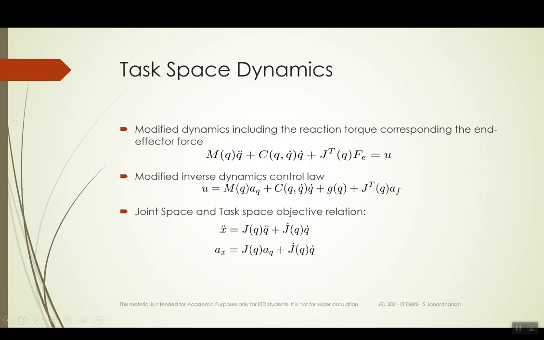We can also use the relationship between the joint space and the task space velocities and get that AX, the desired acceleration in the task space, is just this, which we have seen also in the last class.